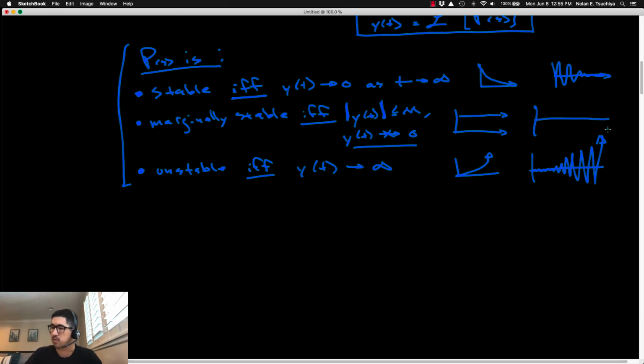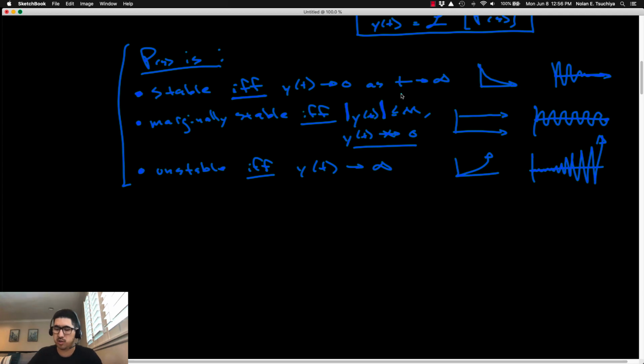Or in the case of an oscillatory system with zero damping, like a pendulum in a vacuum with zero friction, it would just oscillate forever. So those are both marginally stable responses, and it has to do with this bounded condition. The response never diverges to infinity, but it also never decays to 0.